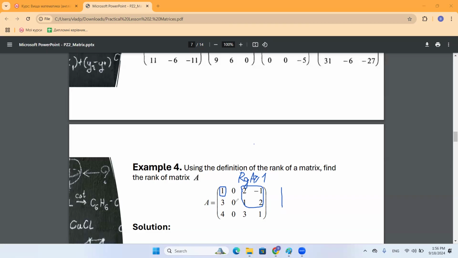So we take, for example, first 2, and the next one of the second order will be 2, -1, 1, 2, and it's not equal to 0. It will equal 5. That is not equal to 0. So the rank of matrix A is greater or equal to 2.